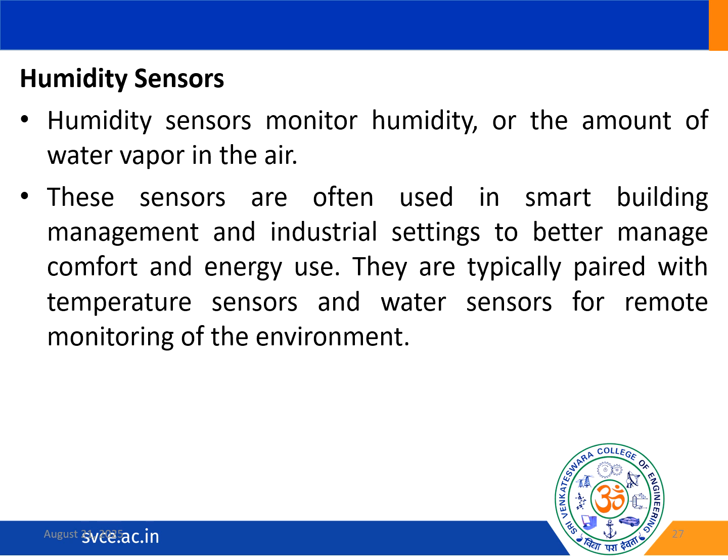It also supports automated climate control. It also supports predictive maintenance and resource conservation across connected infrastructures. So it's a very useful sensor. These are typically paired with temperature sensors and water sensors for remote monitoring of the environment.